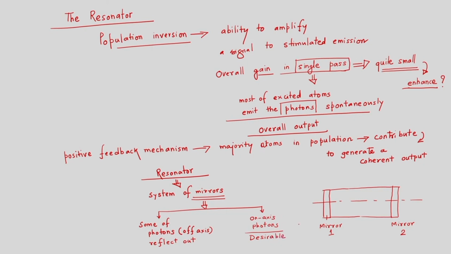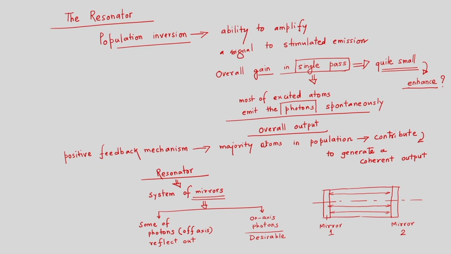and certainly they will move back and forth inside this cavity, and when they do, they will further excite the other atoms. So, these photons are not only moving between mirror 1 and mirror 2, they are doing the work of excitation of the atoms and production of more photons, and some of those photons will again be on axis and some may be off axis.